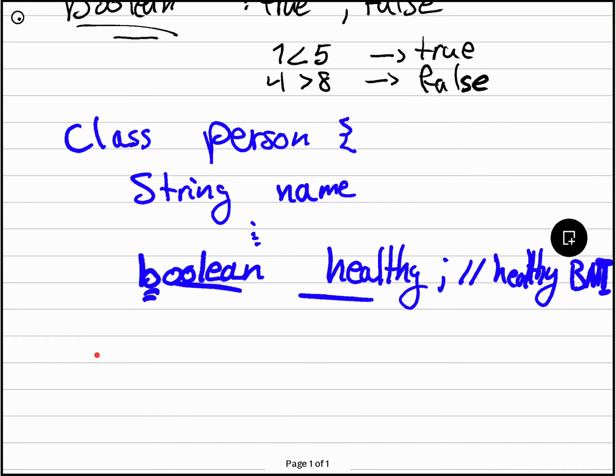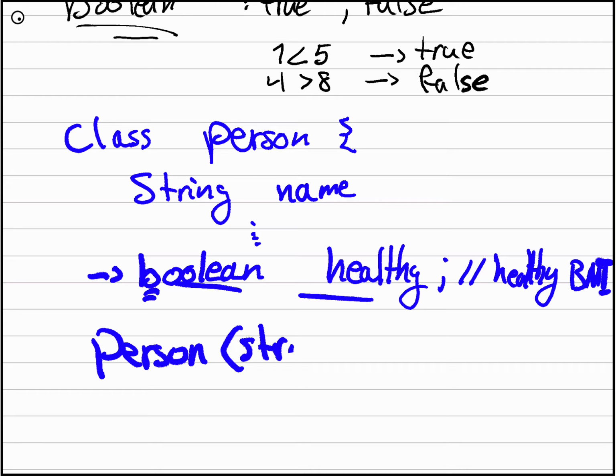And then what else do we need to change? I don't know. What do we need to change? The constructor, right? As soon as we add a new field, we should also change the constructor of the class. Okay, makes sense. So we had Person taking String name and a bunch of other things.